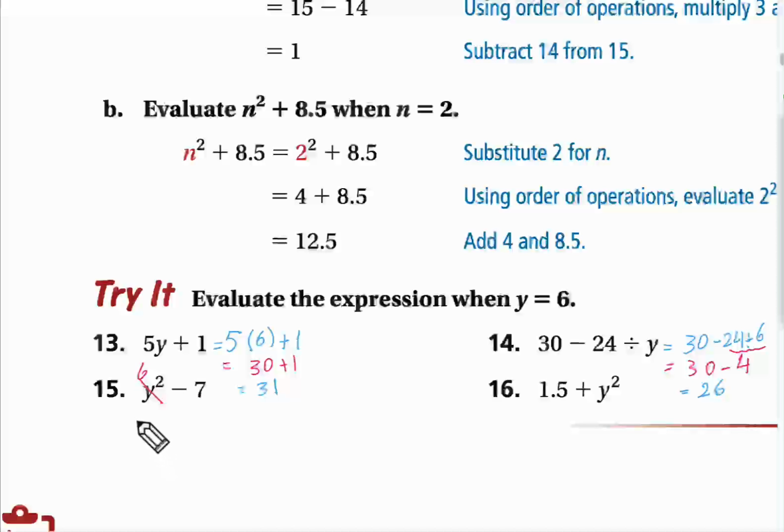It will be 6 to the power 2 minus 7. What is 6 to the power 2? 6 times 6 is 36. 36 minus 7 equals 29. Thank you. Great work, Ali.